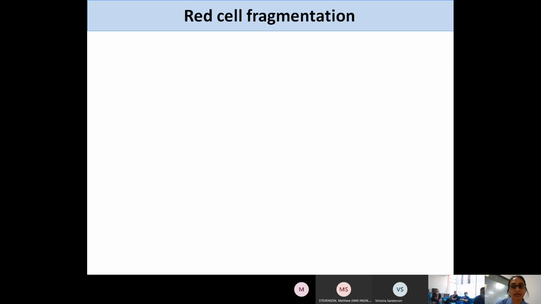So red cell fragmentation is something that we see quite often, and it's usually due to mechanical trauma of the red cells, either due to valves, for example, or fibrin sheaths, or something in the vasculature that's churning the platelets and shearing them. Sorry, not the platelets, the red cells.